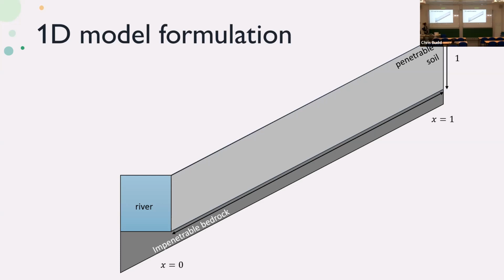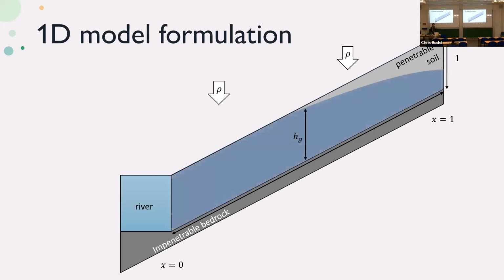I will write down the dimensionless model just to save time, as I don't have much time left. And in this, again, the source term is provided by the rainfall, written using a dimensionless quantity rho.